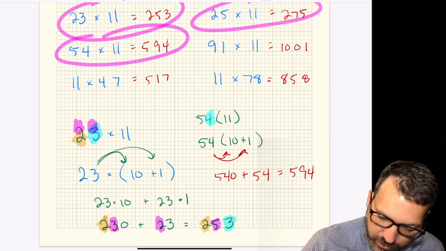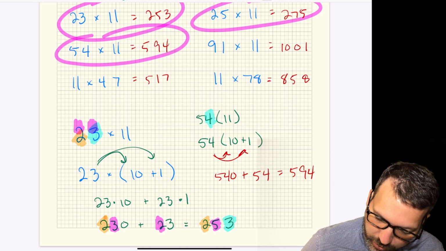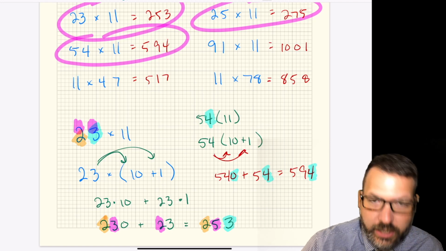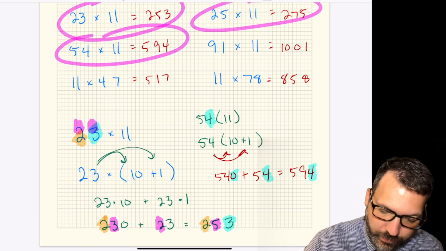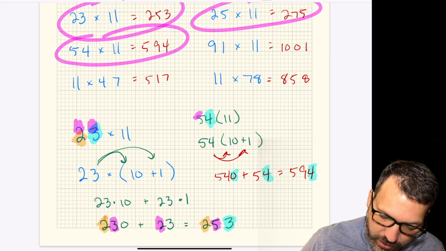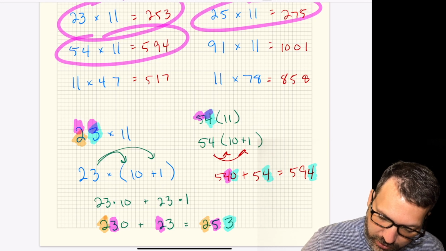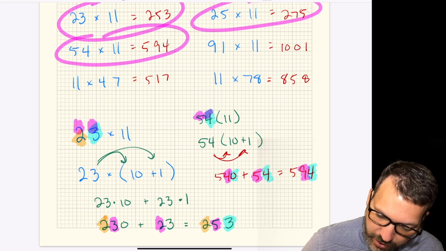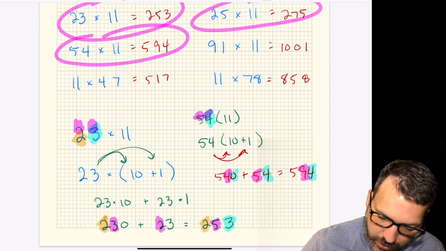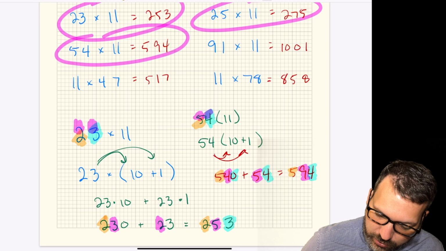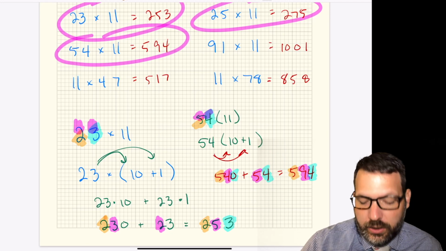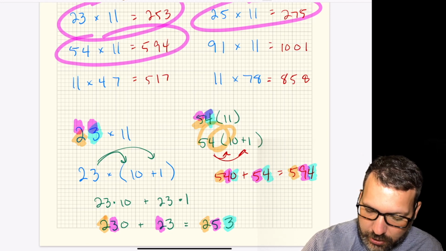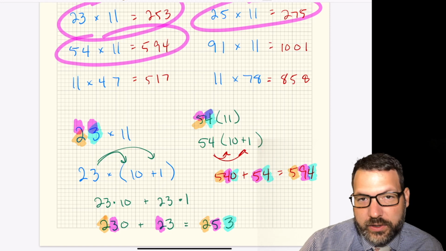And again, you can see the 4 from the original number getting carried down, added to a 0, nothing happens, stays a 4 in the ones digit. And then the tens digit and the ones digit together end up making that 9 in the middle. And then, of course, my tens digit becomes the hundreds digit when I multiply by 10 right there. And so that's where that 5 is coming from.